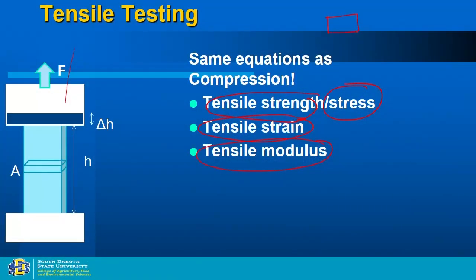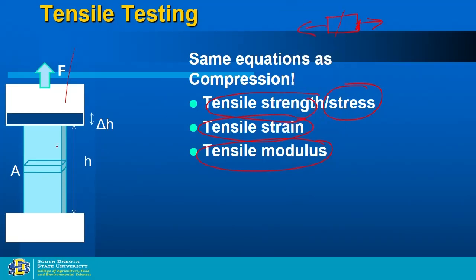If this is your sample and you are doing tensile here, you have to hold it in both places first of all. You need a clip to hold them, and then you pull apart. Chances of the clips coming out during the tensile test are very, very high. This may not hold it here.